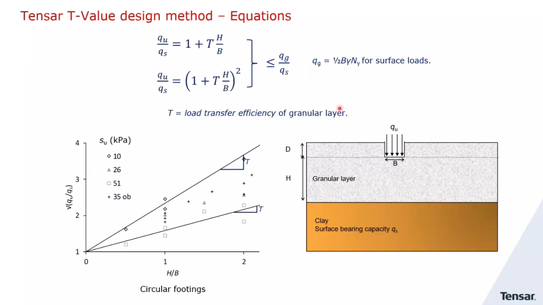When we look at strip footing, the relationship is the top formula, and when we look at circular footings, then we have to square everything. And finally, we need to make a final check for equilibrium to make sure that the granular layer itself will not fail before the subsoil fails. So there's an extra inequality that we need to check for, which is the bearing capacity of the granular layer itself.